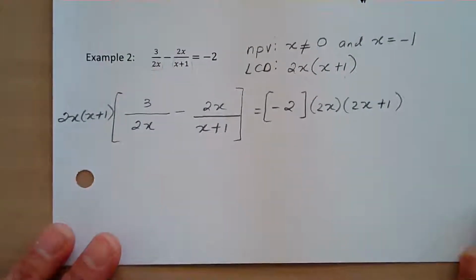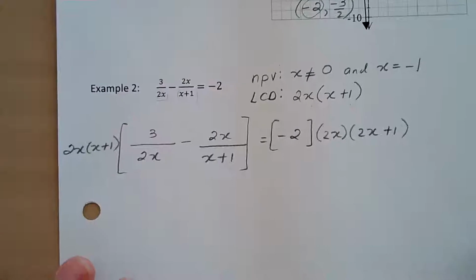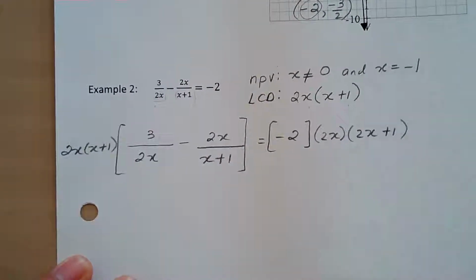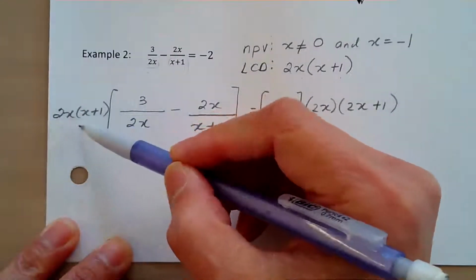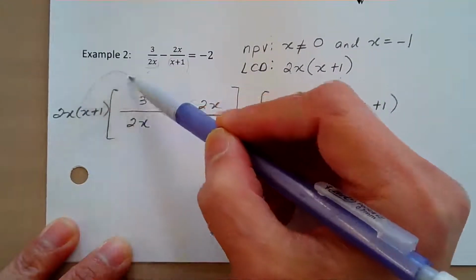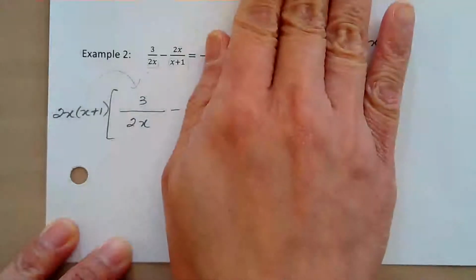Okay, so far so good. So multiply each side by the LCD. So this 2x times x plus 1, we multiply it in. Okay, let's cover that piece.